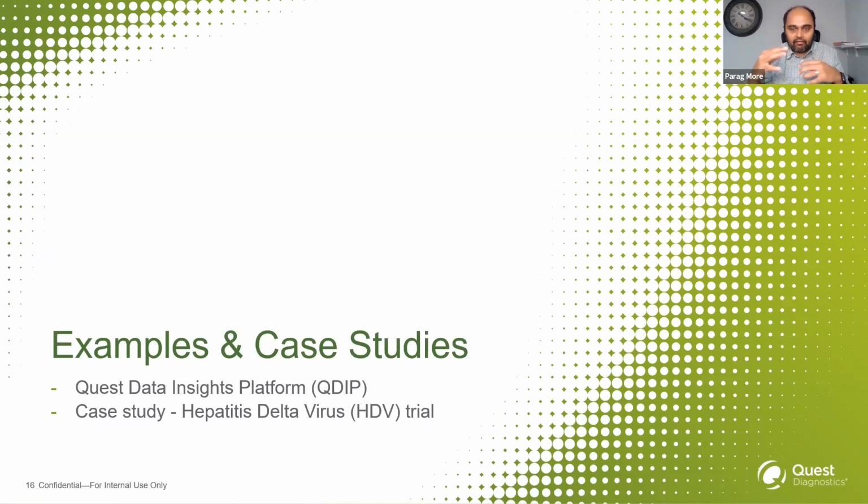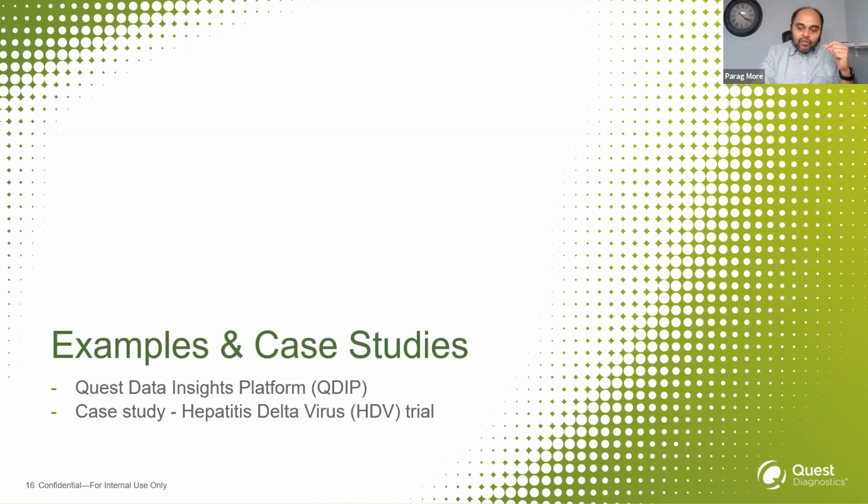So we want to talk about that with a specific example. And the second case study that we wanted to share is the hepatitis delta virus HDV trial that we worked on with a sponsor. So it's a real-world case study that we have conducted, and we wanted to talk about how all these principles that we are talking about come together.